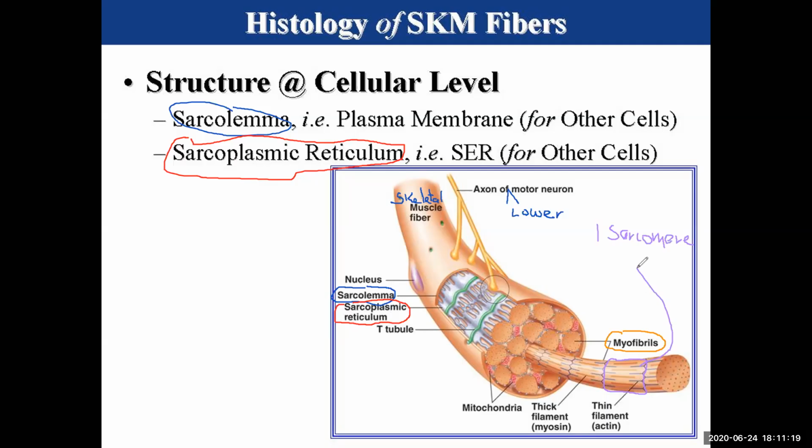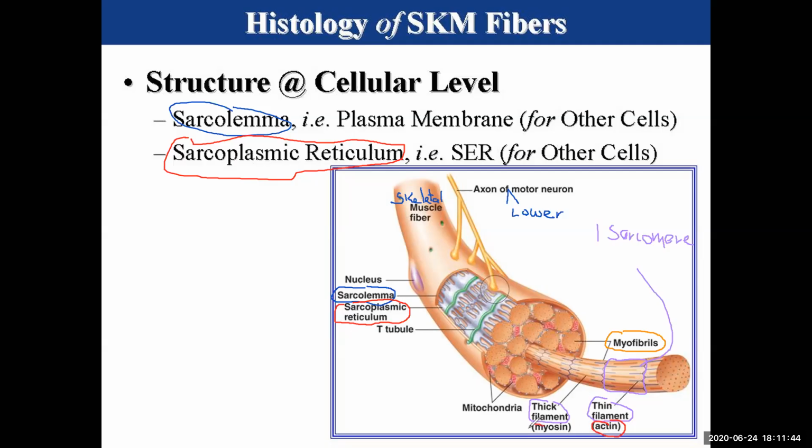Within each sarcomere, you have thin filaments and you have thick filaments. The thin filaments are built from actin. Both thin and thick filaments are proteins, by the way, because actin is a protein.